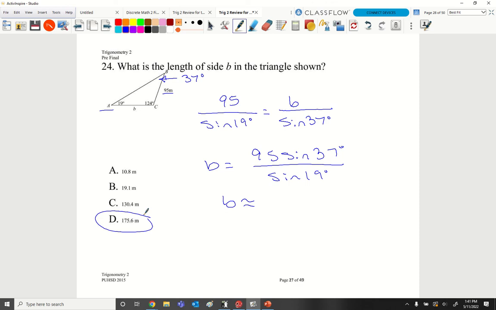It's 19, and that smallest side is 95. So that tells me that all my sides have to be more than 95. So definitely no for those. Okay? So sometimes you might actually be able to get away with just using that to get some answers.